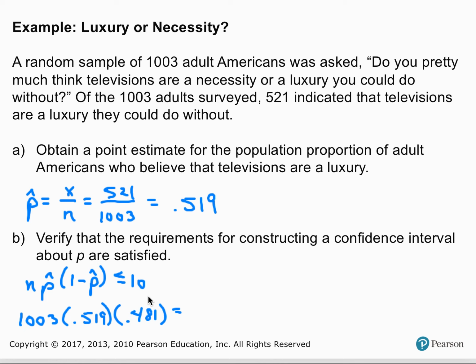Okay, 1,003 times 0.519 times 0.481. This is why it's really handy to have a calculator that shows your entries, because I always look at my entry and double check. For example, that time I had entered 0.591, and with a quick glance, I was like, oh, don't enter that. So I got 250.4. Yes, well above 10.